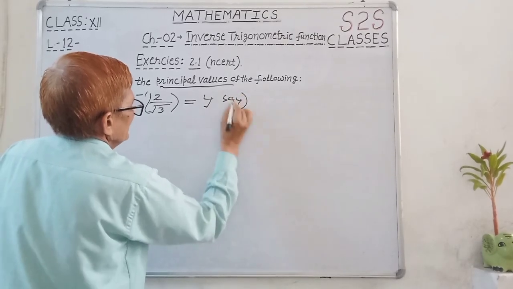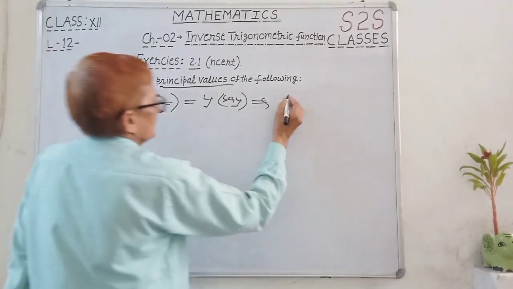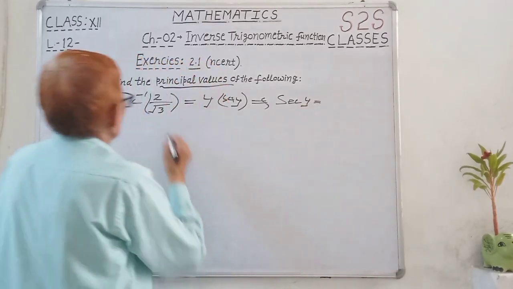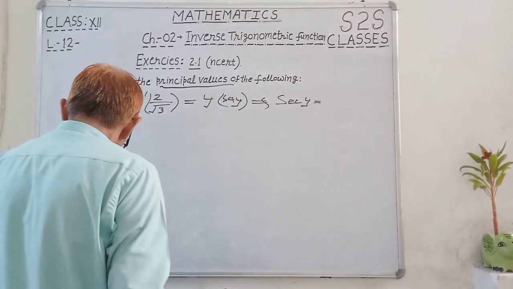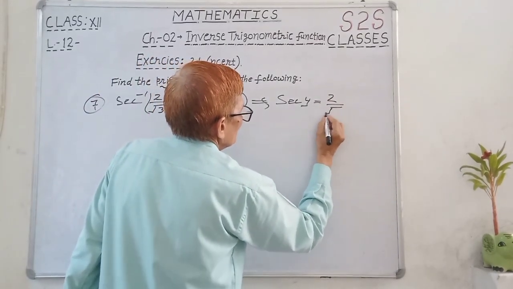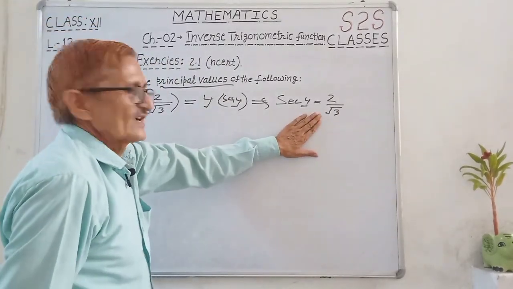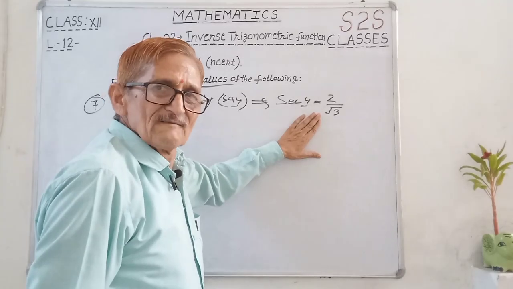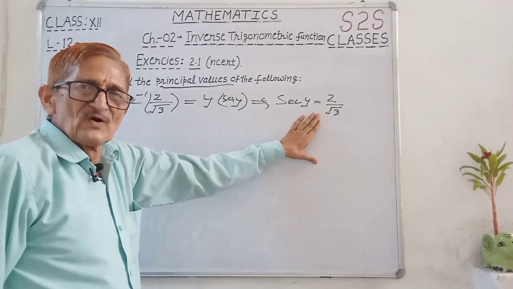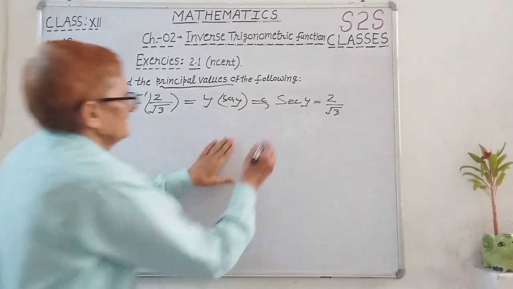Now this will be sec y is equal to 2 by root 3. You see that it is positive. Sec y is positive. Sec is positive in which quadrants? In first and fourth. So for our output y of sec inverse, what is the range?